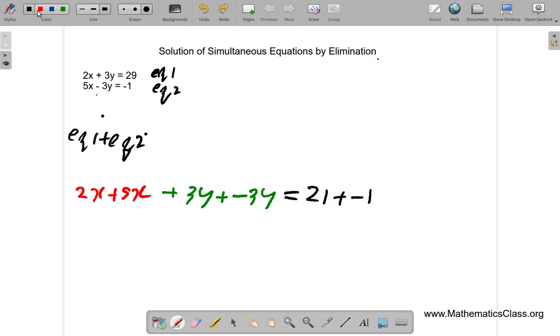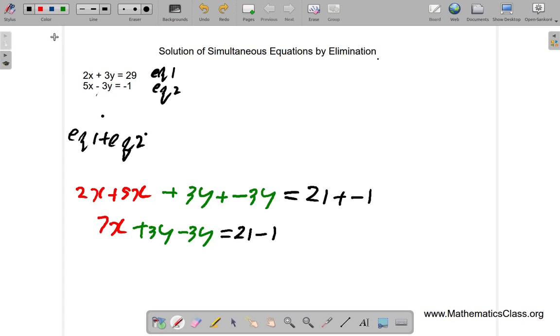Alright, so let's see how this works out. 2x plus 5x is 7x. Then we have plus 3y plus negative 3y means 3y minus 3y equals 21 plus negative 1 means 21 minus 1.